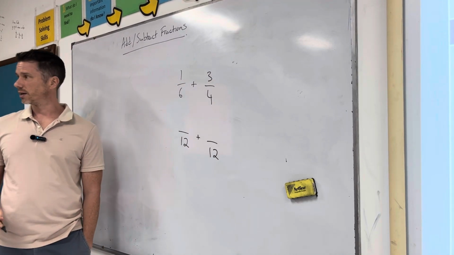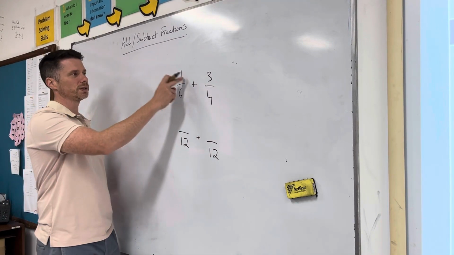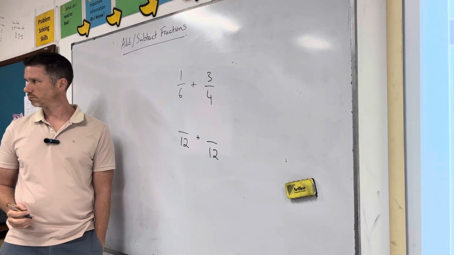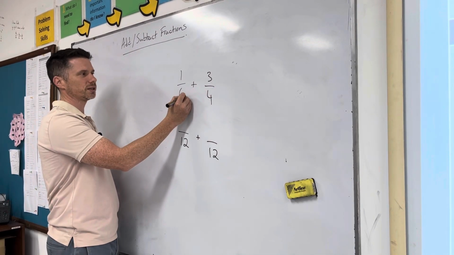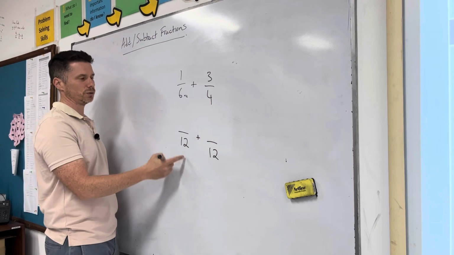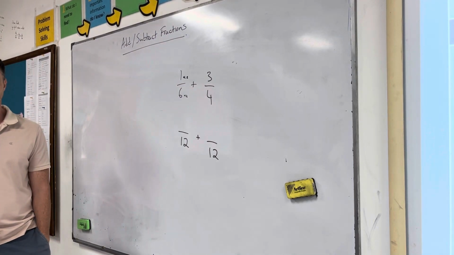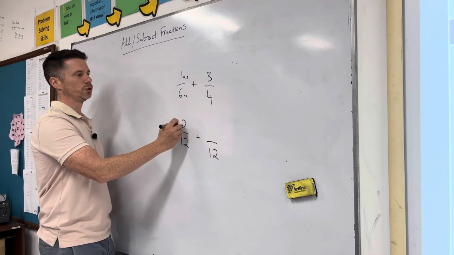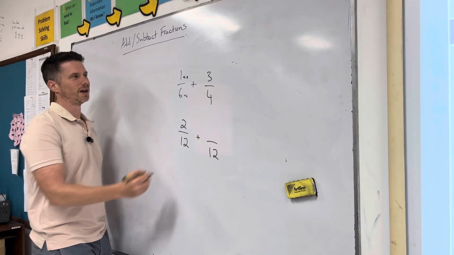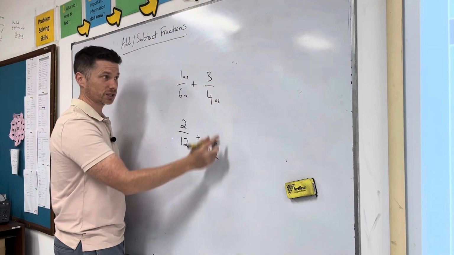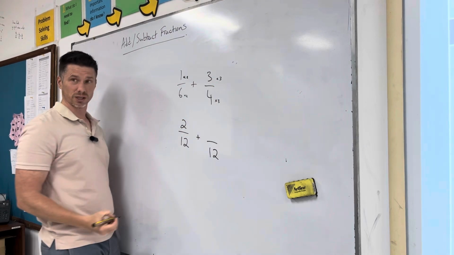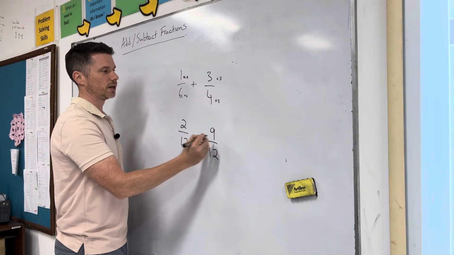Then I can add it together. So what does 1/6 become as 12s? 2 12s. So if this denominator is multiplied by 2 to get to 12, the numerator must also multiply by 2. Neil, are you with me? Yep. So 2 12s, yes. And this has been multiplied by 3 to get to 12, so this is multiplied by 3 as well to create an equivalent fraction.